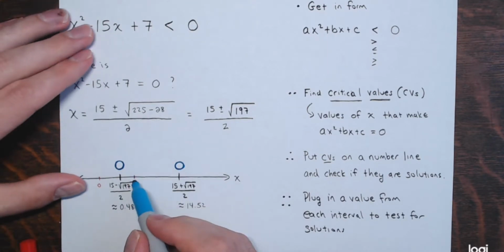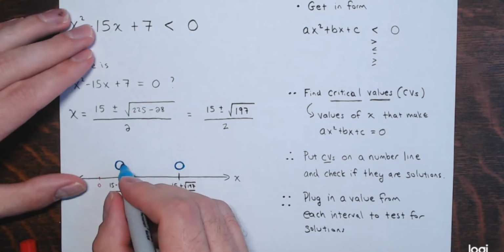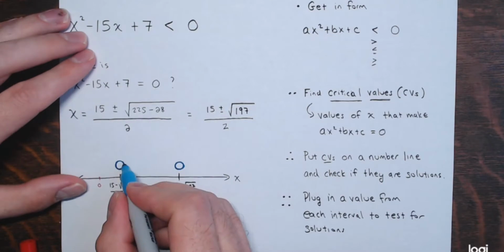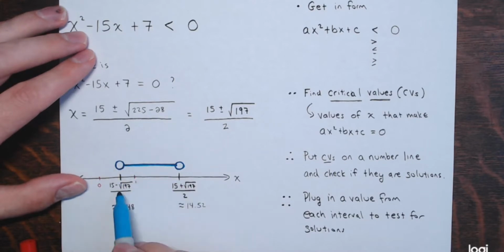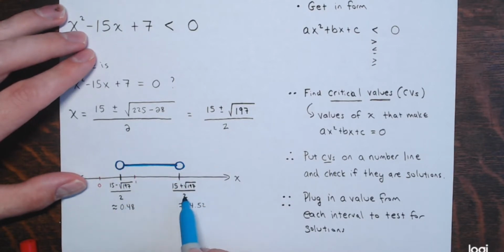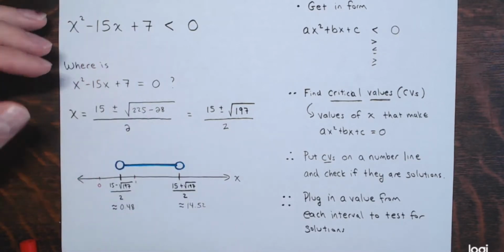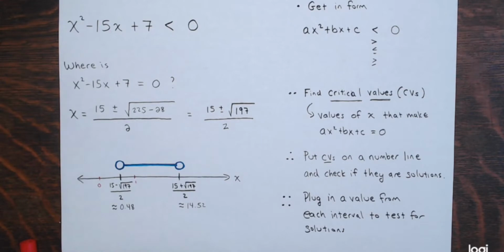So when I plug in 1, it works. It satisfies the inequality. So that means this interval between 15 minus the square root of 197 over 2 and 15 plus the square root of 197 over 2 satisfies our inequality. So I'll mark that off.